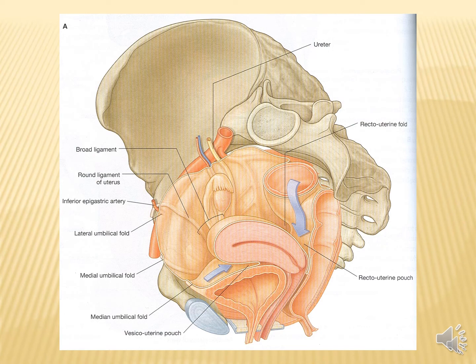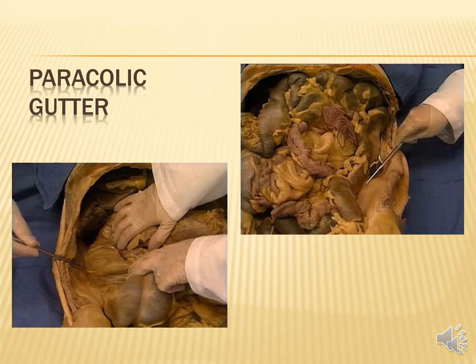And here we have two pouches in the female pelvis, rectouterine pouch and the vesicouterine pouch. Then in this dissected specimen, we can see the paracolic gutter, how the person has lifted the ascending colon. In between the lateral abdominal wall and the ascending colon, we have the right paracolic gutter, and on the left side we have the left paracolic gutter.